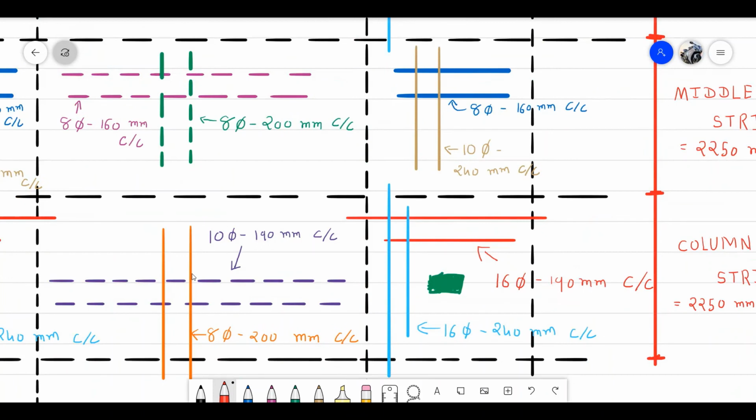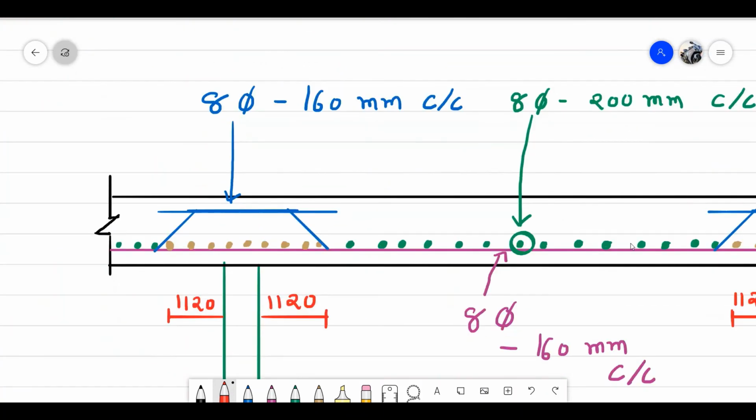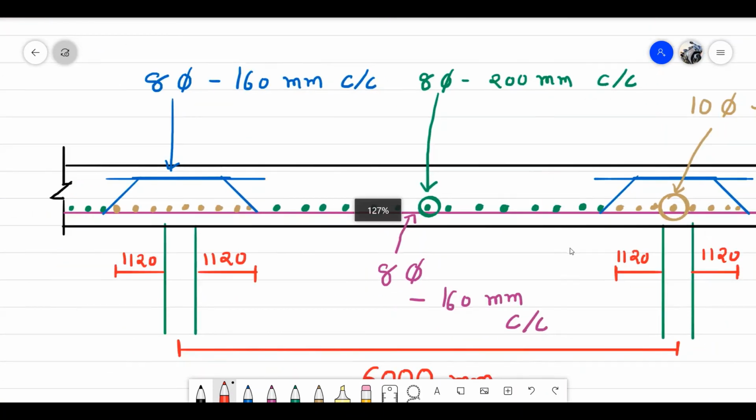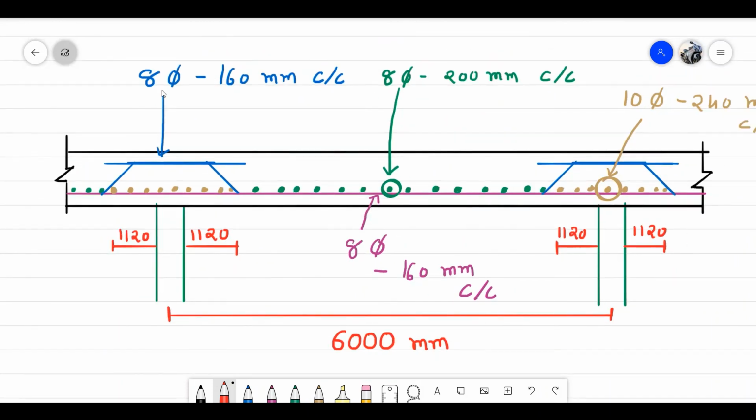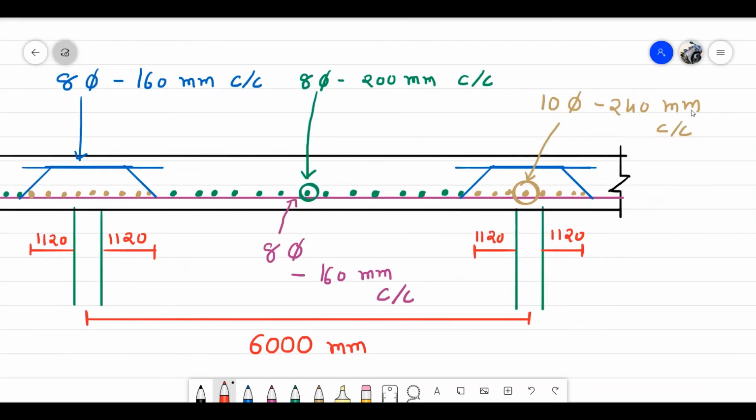As well as I drew one sketch, one section of a middle strip. So you can see 8 mm dia, 160 mm at the top and 8 mm dia, 160 mm at the center at the bottom. Same thing for the 8 mm dia at 200 mm center to center along the shorter span, and 10 mm dia at 240 mm center to center along the shorter span, and 6000 mm is the distance between two columns.